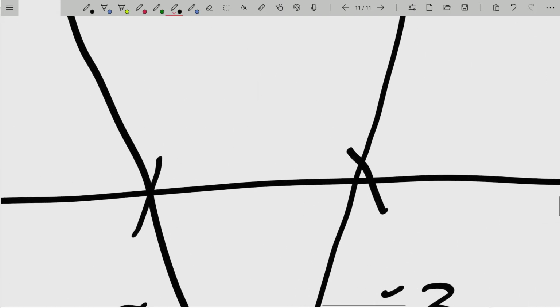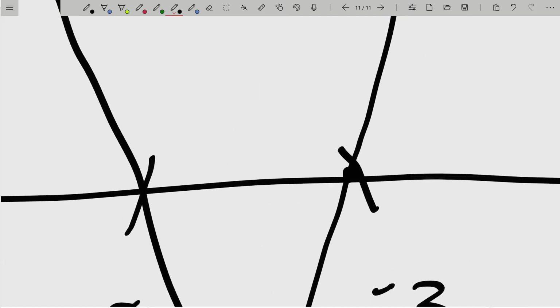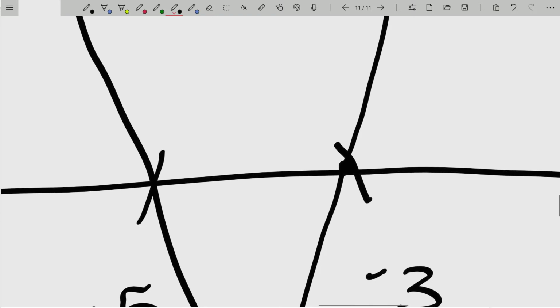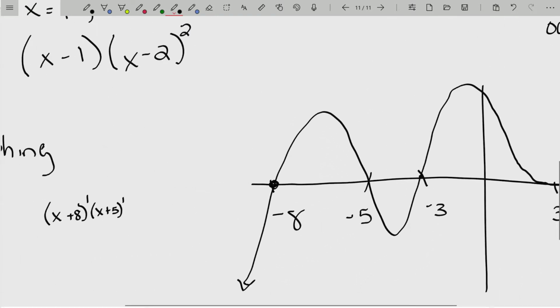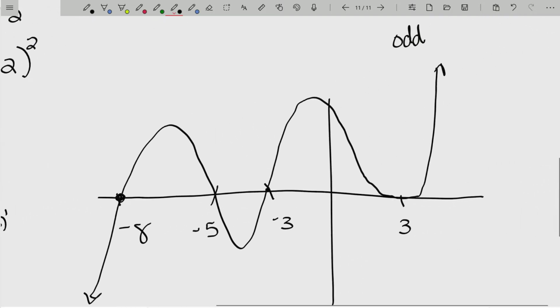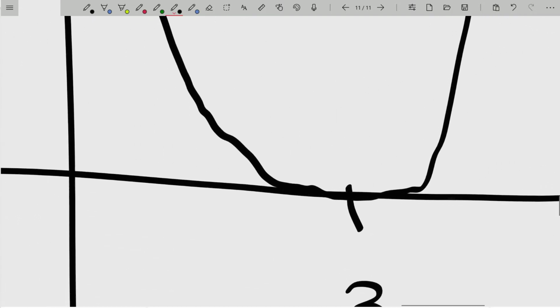It goes through x equals -3, as sloppy as I made that, and it looks like a line. So x plus 3 is a factor, again degree 1, because it looks like a line when it goes through. And finally, it goes through x equals 3. And this time you might say, oh, it looks like a parabola.